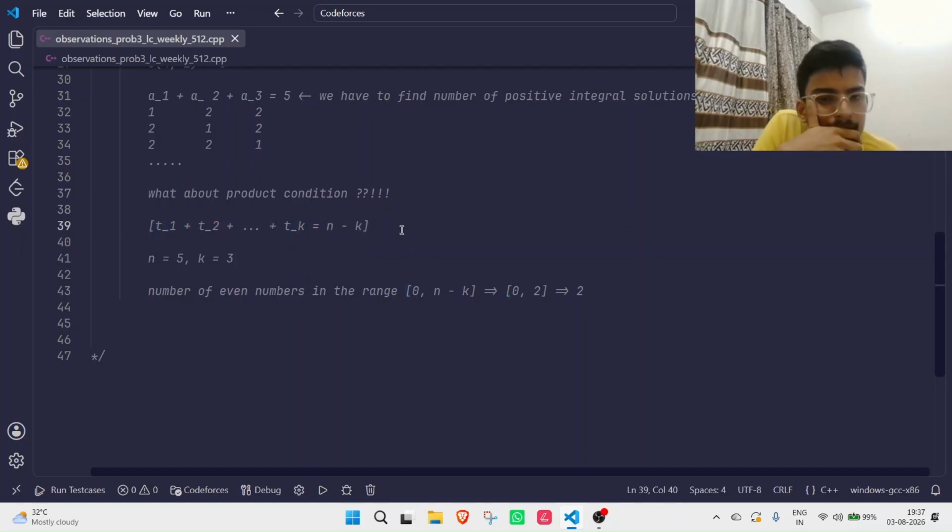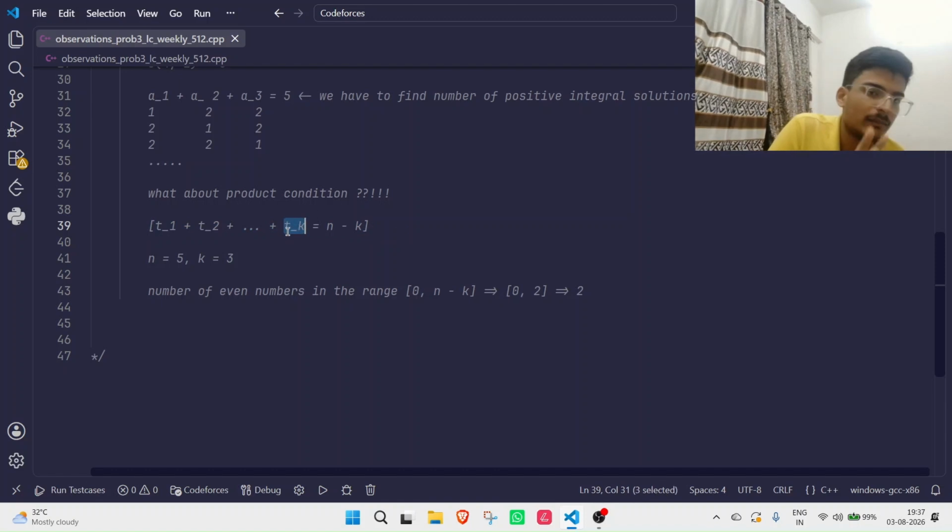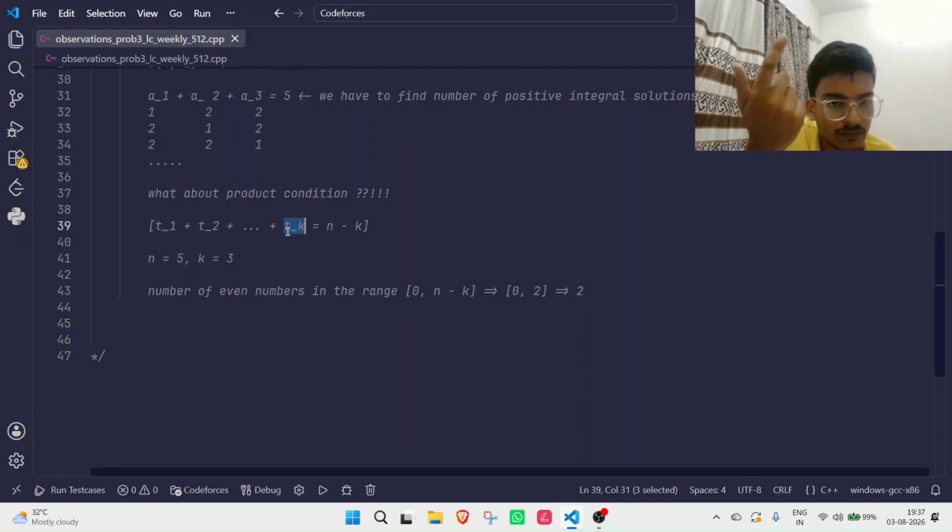But the thing is that it can go up to n minus k, the maximum value. That's why we apply the formula for the number of non-negative integer solutions, n plus r minus 1 C r minus 1. So 2 is there, it can take two values.